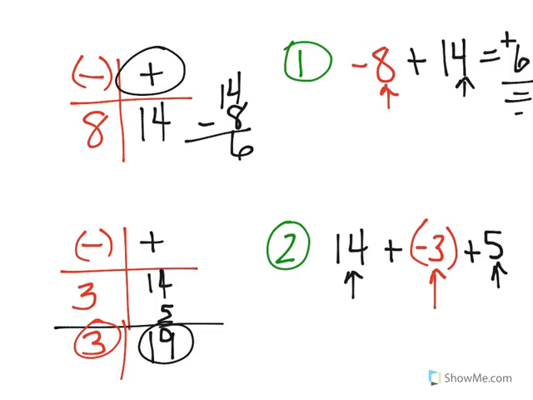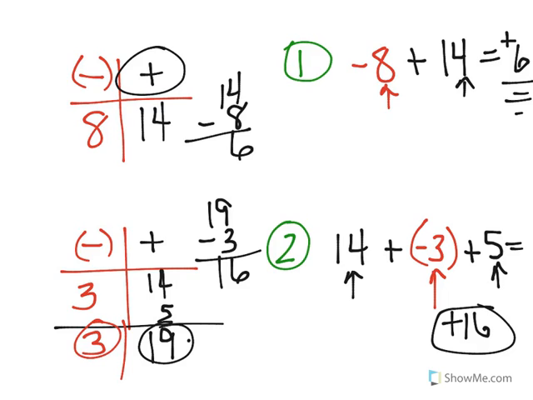Which team won? Obviously, the positive team won. So your answer should have been positive. They scored a total of 19 points. By how many points did they beat them? Let's subtract. 19 minus 3 is 16. They beat them by 16 points. So your answer here is also a positive 16.